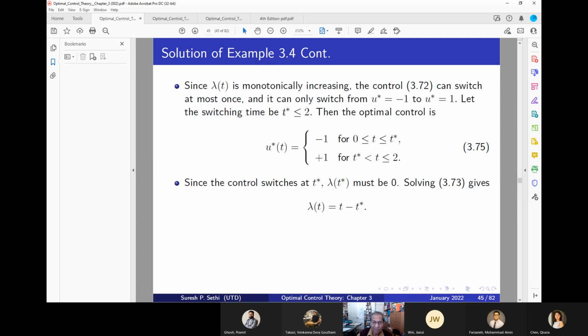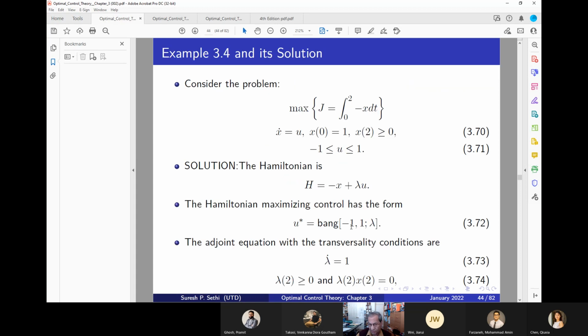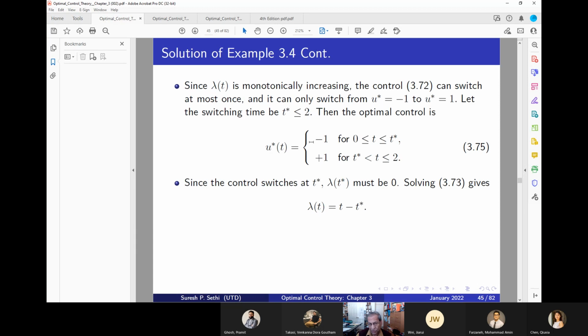The switching cannot be after 2 because our end time is 2, so whatever the switching time is, it has to be less than or equal to 2. Then, according to the bang-bang principle, u star is minus 1 up to t star and is plus 1 after t star.